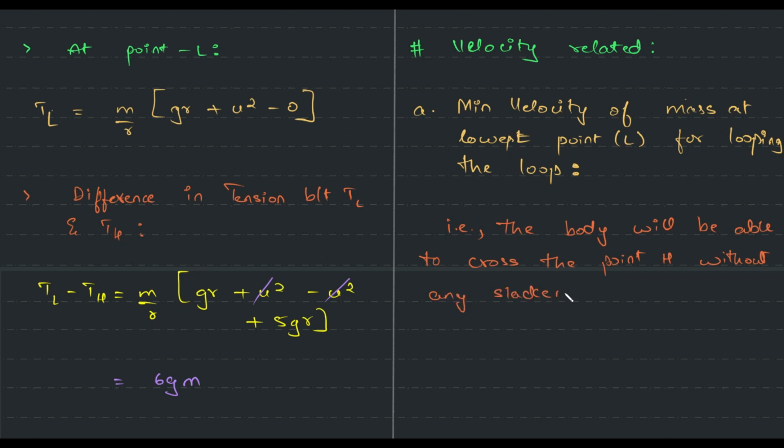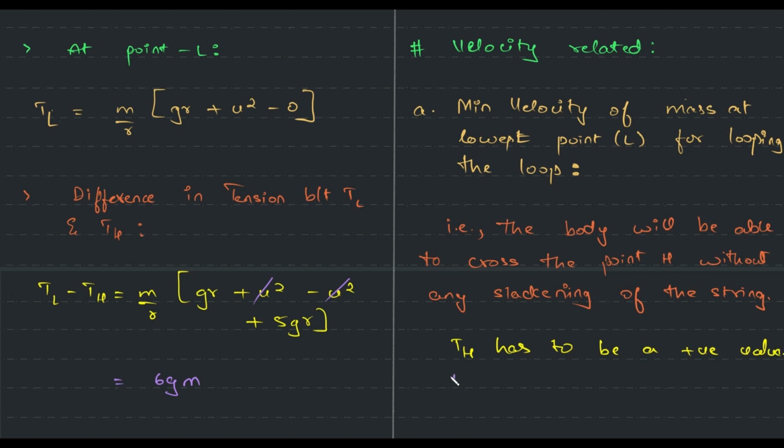Slacking is the thread getting loose, per se, of the string. So basically TH has to be a positive value. So this is your clue.